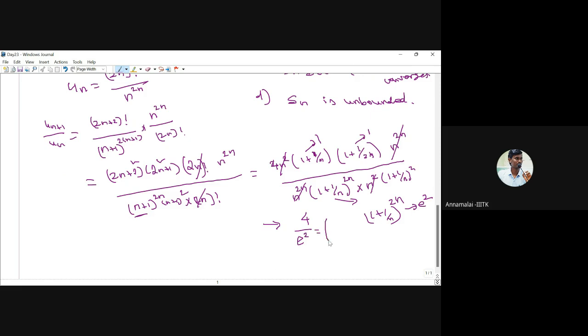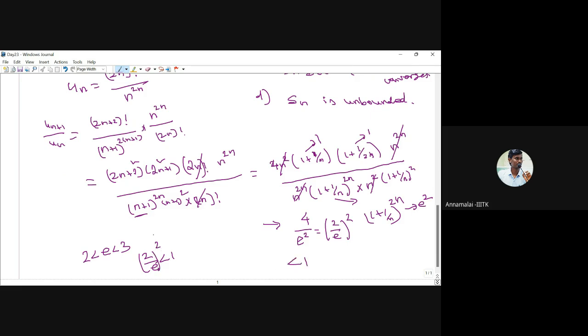So this is nothing but 2 by e whole square. Now, is this less than 1 or greater than 1? It's less than 1, because e lies between 2 and 3. Therefore, 2 by e is less than 1, so 2 by e whole square is also less than 1.